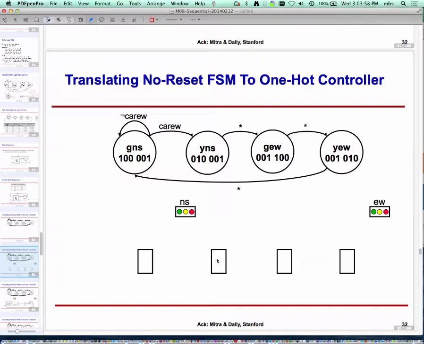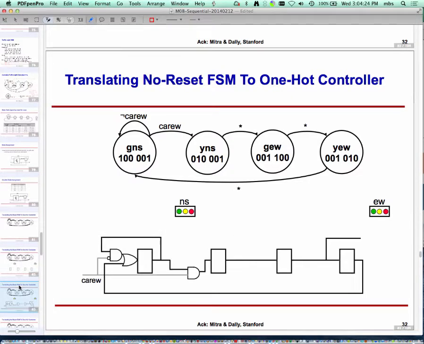So looking at the state machine, we can say that if I am currently in the GNS state, then if the sensor says 0, I have to stay out here. If I am in the YNS state, I will unconditionally move to the next state. So if I have a 1 in the second flip-flop, in the next clock tick, that 1 should move out here. And so forth. So let's see how to make it work.